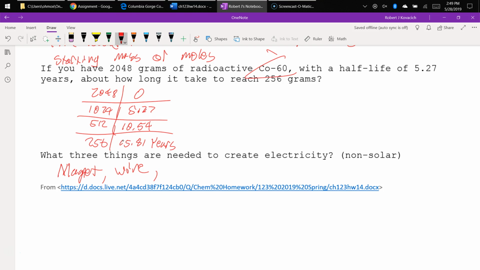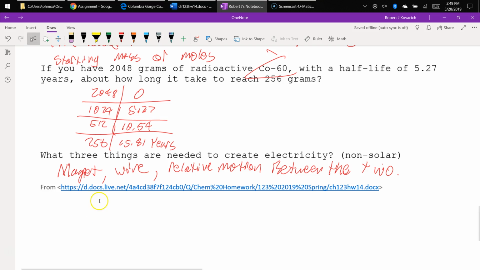And what else? Relative motion between the two. It's phrased like that because you can either move the wire through the magnetic field or you can move the magnetic field around the wire. Either one of those is totally fine.